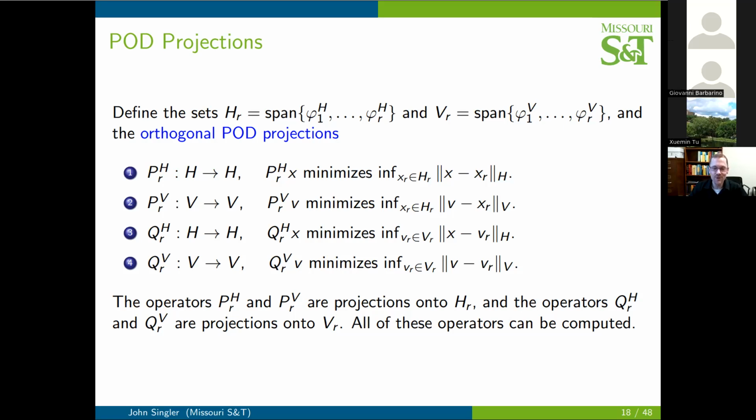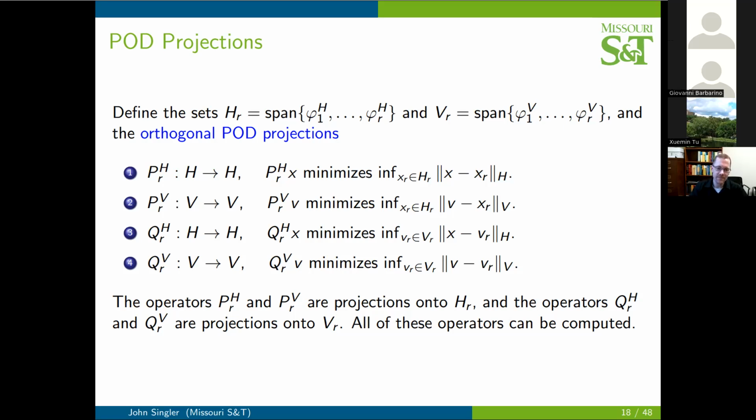If you start to lose where we are and what we're doing, just quickly here, think of H as the space of square integrable functions, and typically V is something like H10. So PRH is going to be your standard L2 projection. PRV is going to be like a Ritz projection or an elliptic projection.